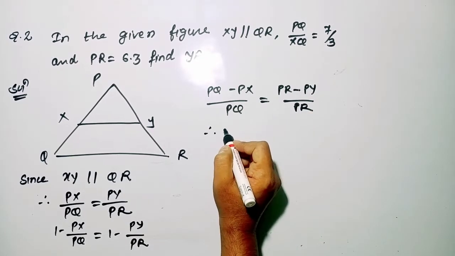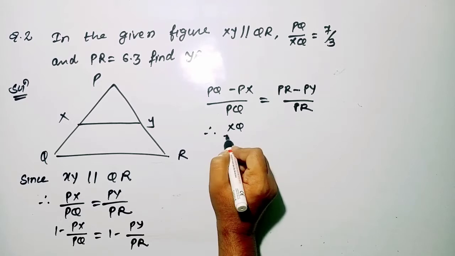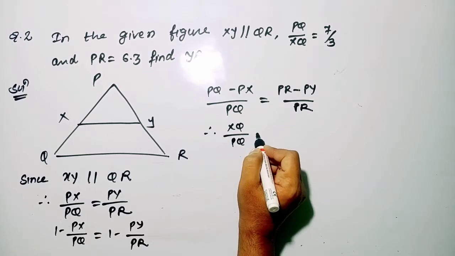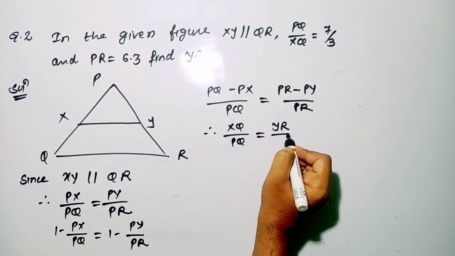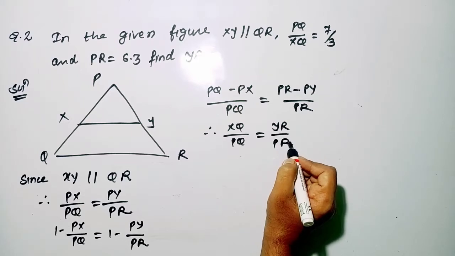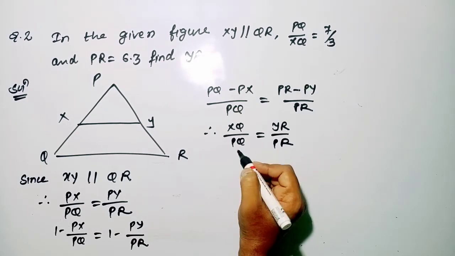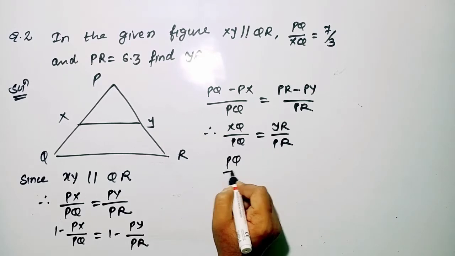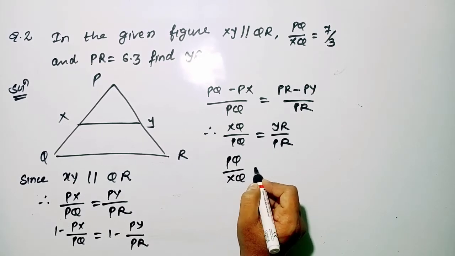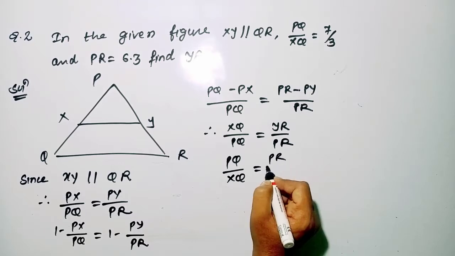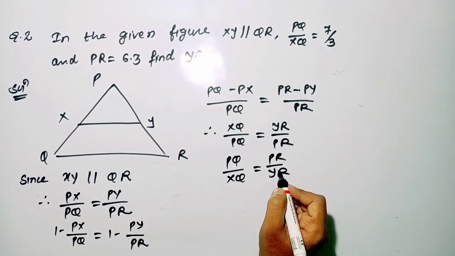Okay, student? Now here PQ minus PX is equal to XQ and PR minus PY is what? YR. Now taking the reciprocal of this ratio on both sides, so PQ upon XQ is equal to PR upon YR.